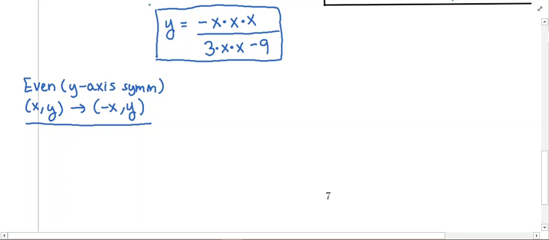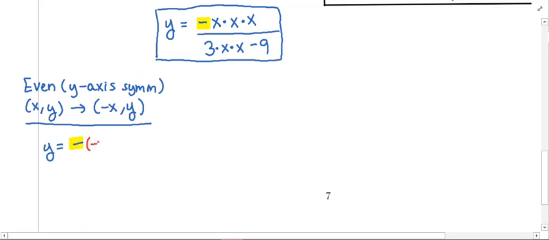We're going to have y equals, in the numerator, this negative sign is already present. So I'm going to put it down and highlight it in yellow. Make sure you realize that negative sign is already there. Now, x times x times x, you need to replace each instance of x with negative x.